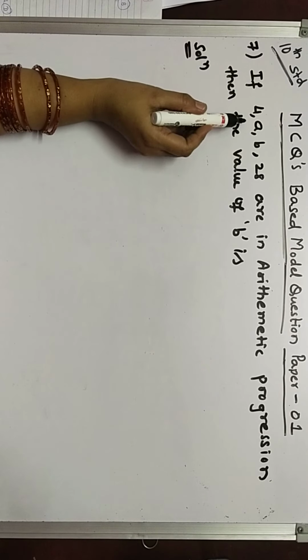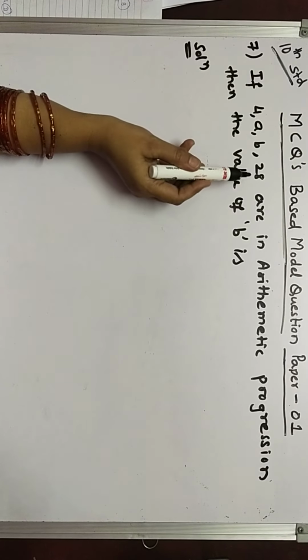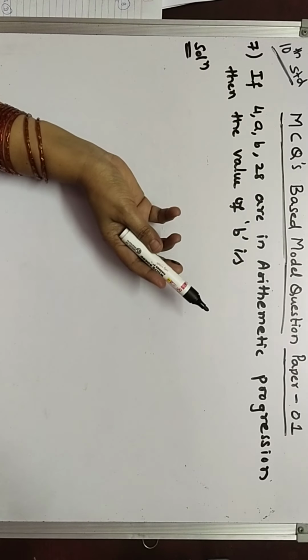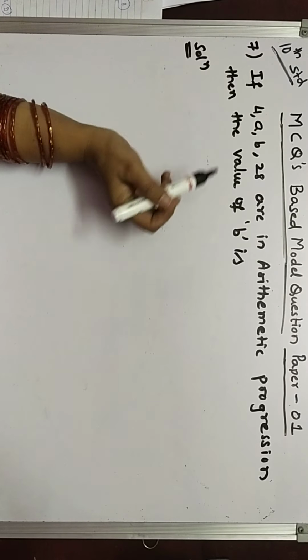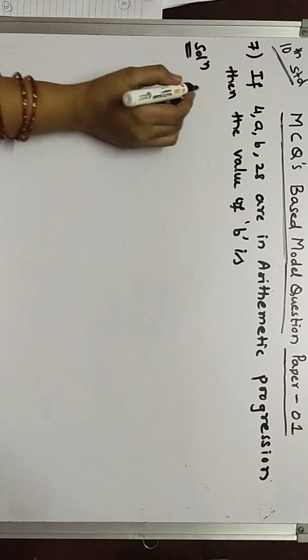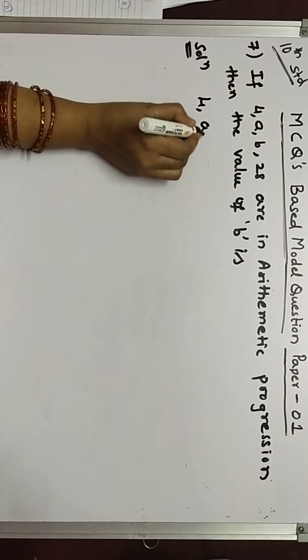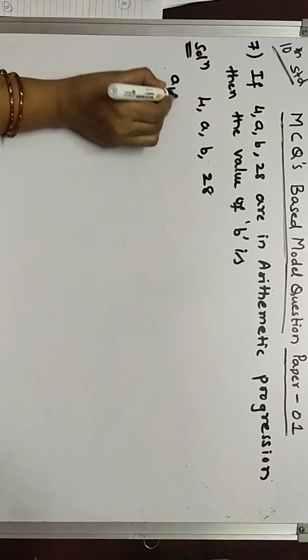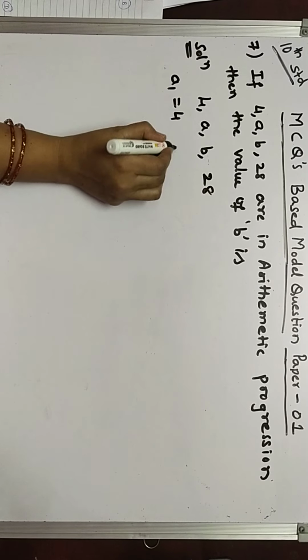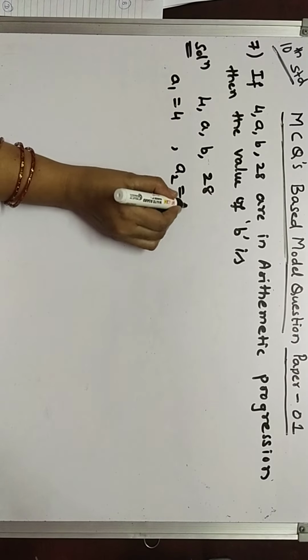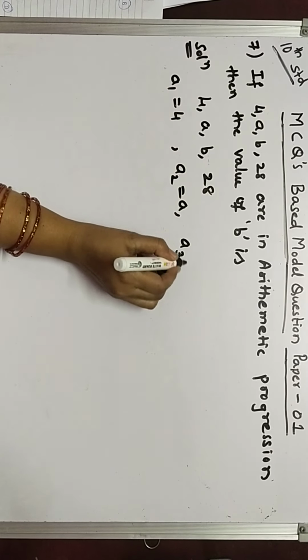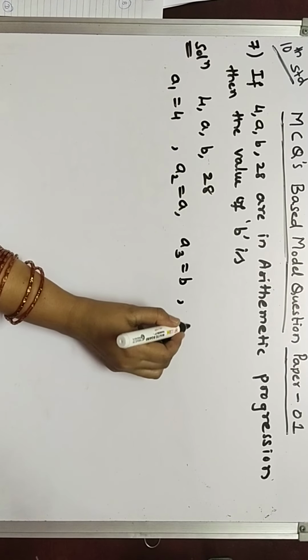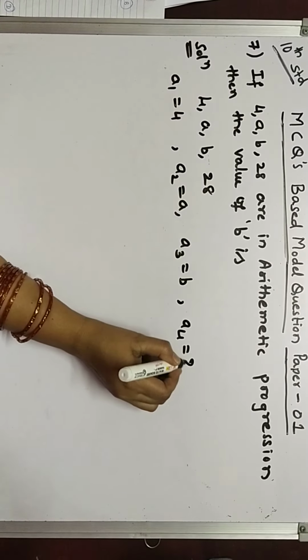Seventh question. If 4, A, B, 28 are in AP, meaning arithmetic progression, then the value of B. So 4, A, B, 28: the first term A1 is 4, A2 is A, A3 is B, and A4 is 28.